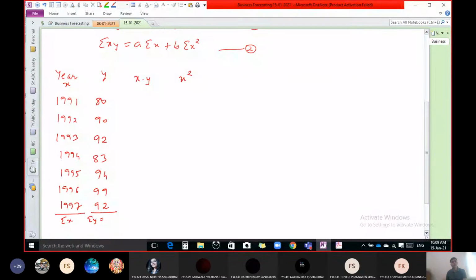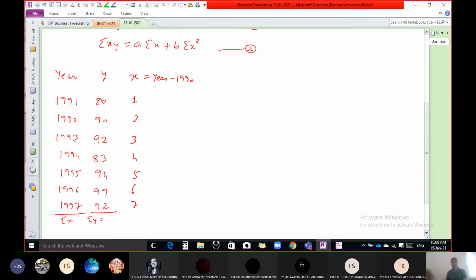So instead of considering this as x, you can treat the first year, 1991, as the first year, and consider 1, 2, 3, 4, 5, 6, 7. So you can consider x as year minus 1990.